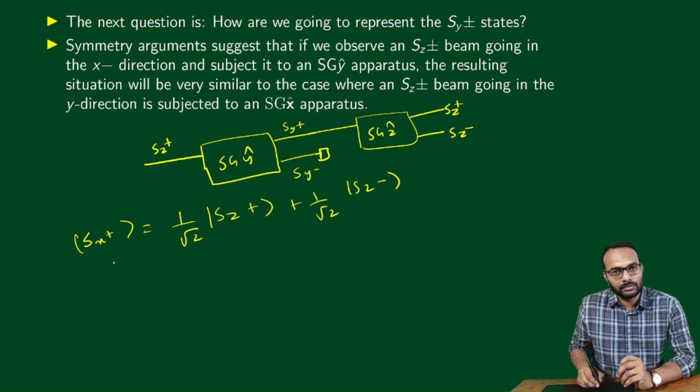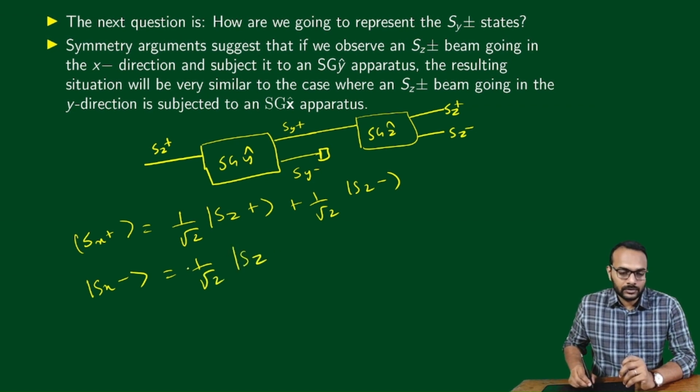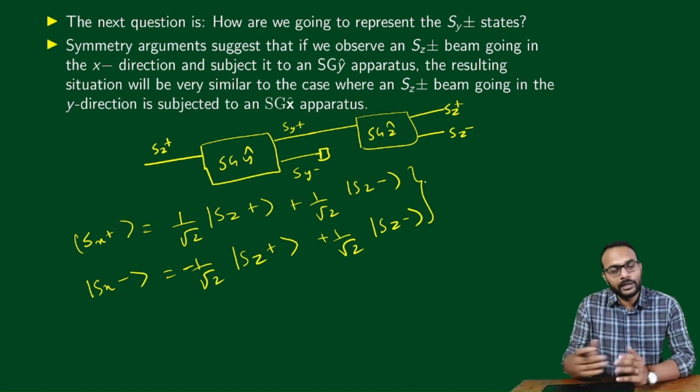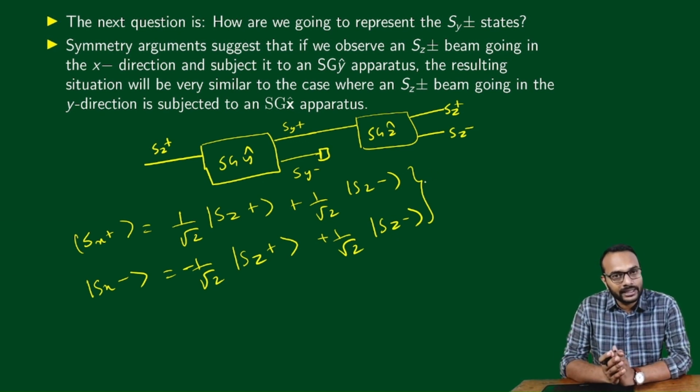Similarly for Sx minus, maybe I can write it as 1 by root 2 Sz plus minus 1 by root 2 Sz minus. But by doing this, we have completely made use of the correspondence that we have already made.